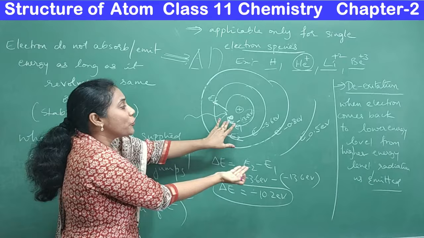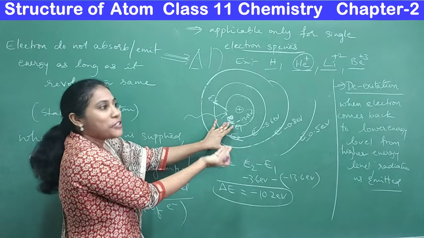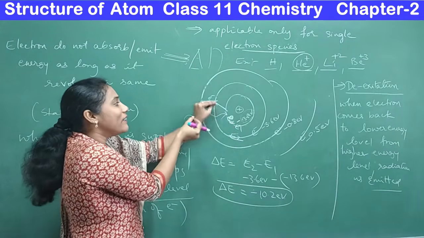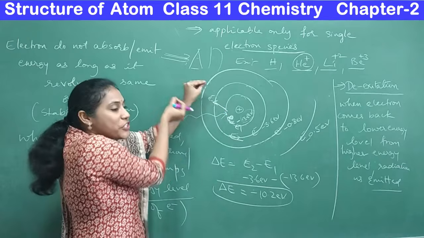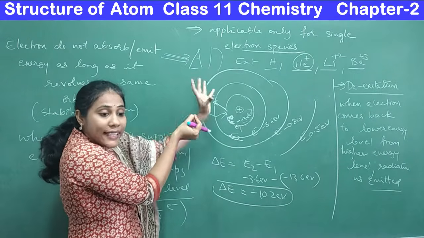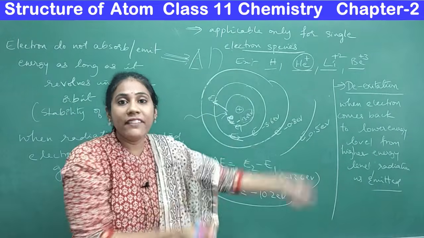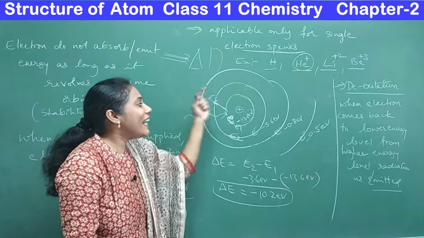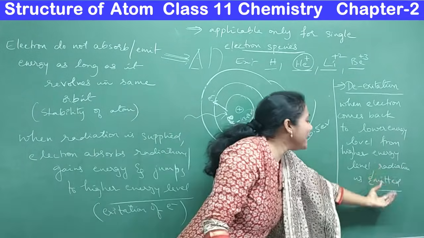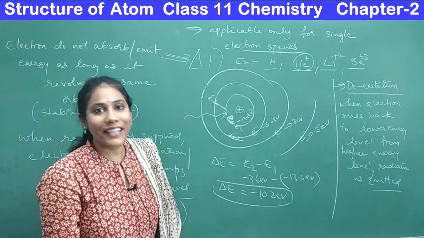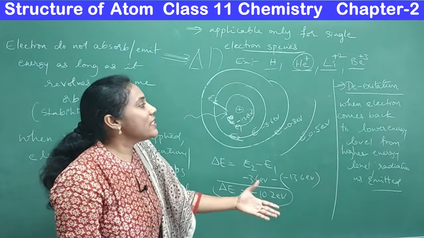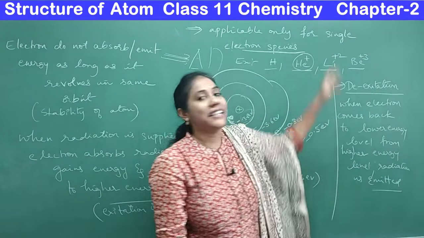One fine time it should go back to its original shell. During that time, whatever extra energy it gained to jump to a higher level, it will give back. That energy is what we call emitted radiation, and that process is called de-excitation.